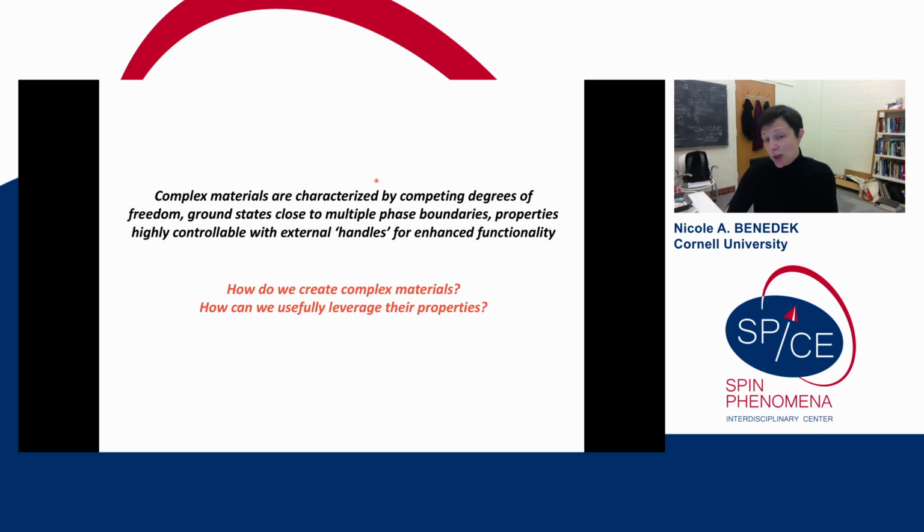These systems are usually scientifically very interesting. They usually teach us a lot about fundamental condensed matter science, and they also often have the potential to be technologically useful. So how can we find or create complex materials?